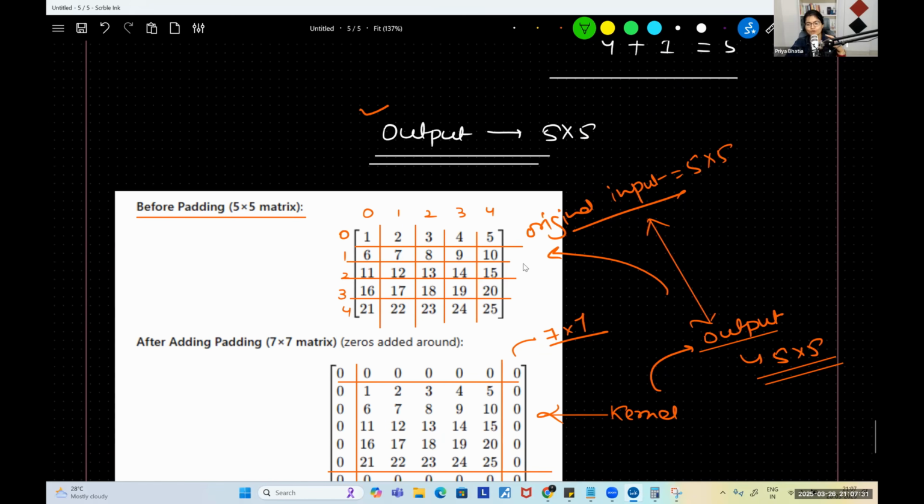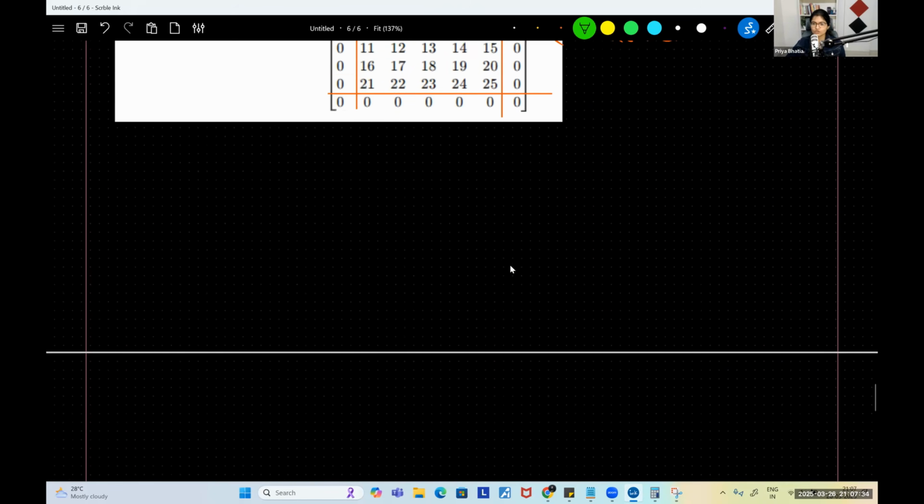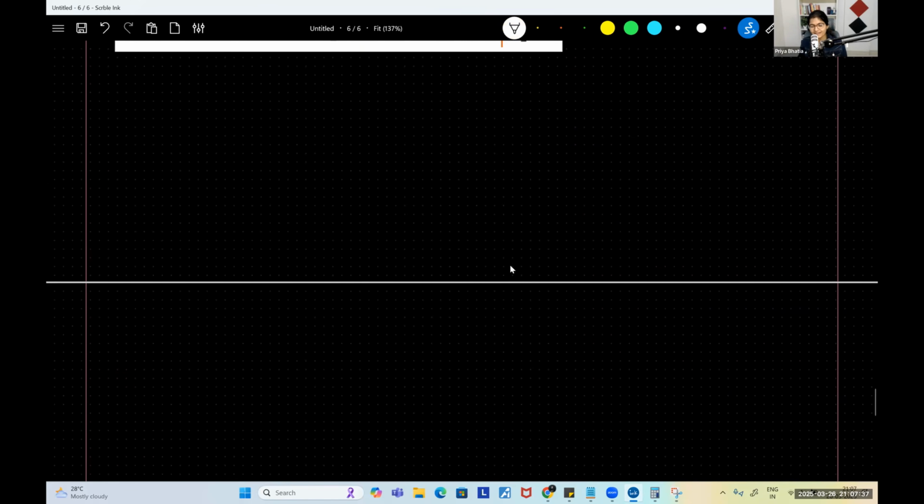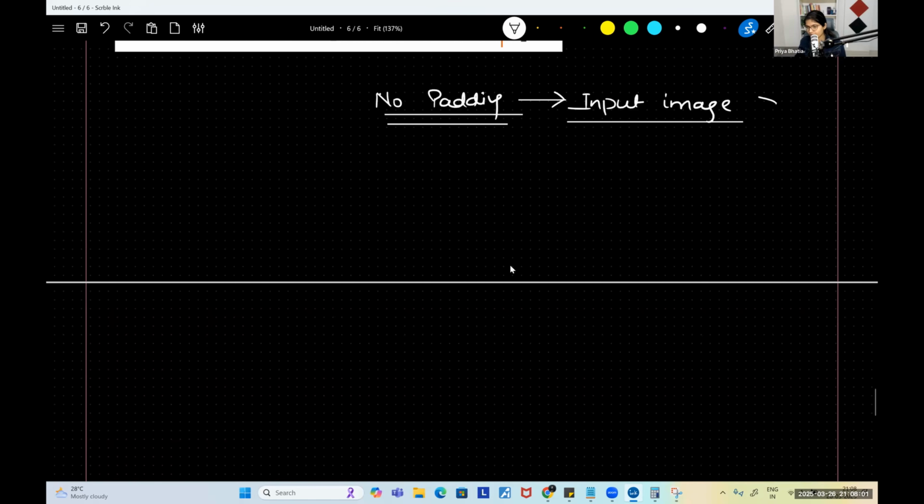Always remember, by default, when you apply the convolutional neural network, if there is no padding, just like the way we have done above, you will always get the input image dimensions more than the output image dimensions, as per the matrix calculations that we have seen.